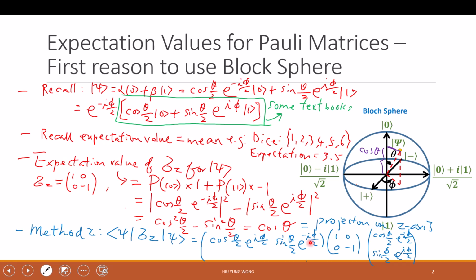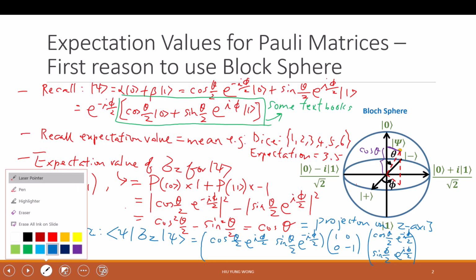First of all, are you okay with what I'm writing? I know it's messy, but if you understand, it should not be messy. Do you understand why they are written as row vector, matrix, and column vector in this multiplication? You should be very familiar with this, because psi ket is just cosine, although we did not write it. Let me just remind you in case you forgot.